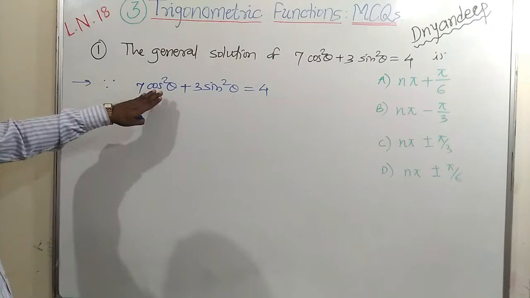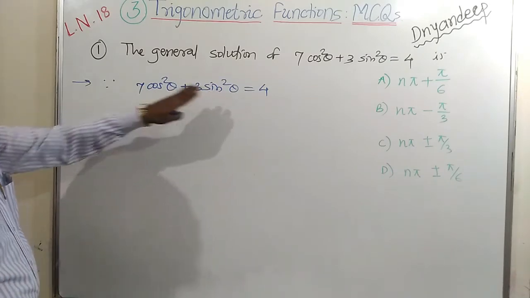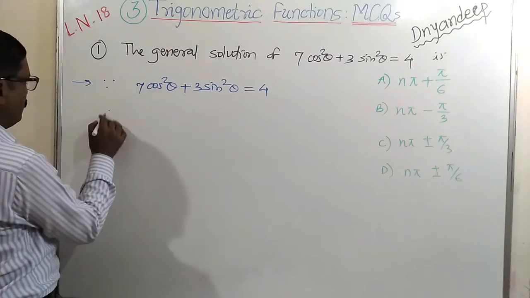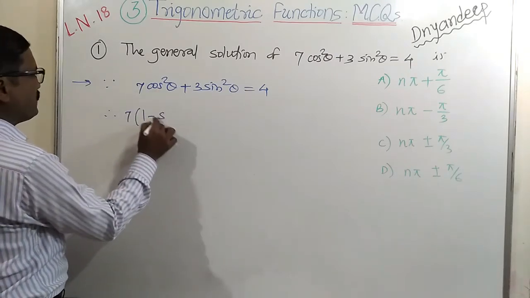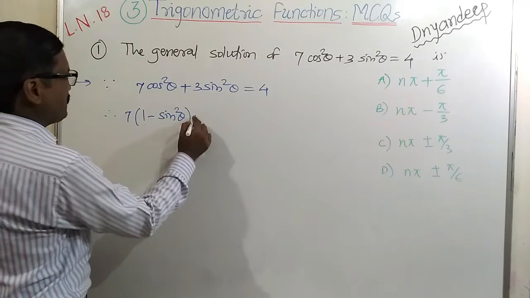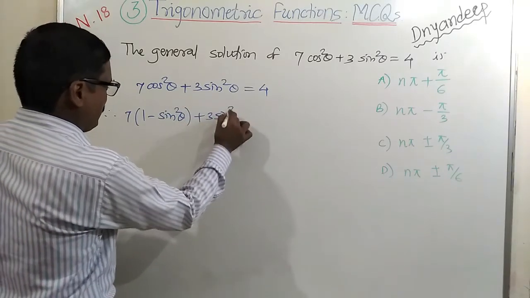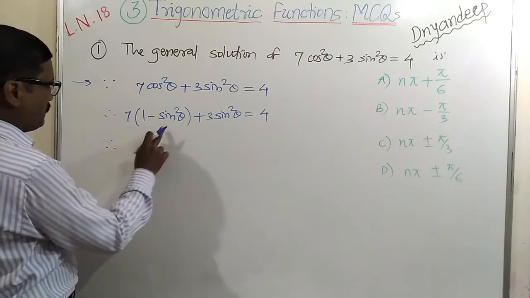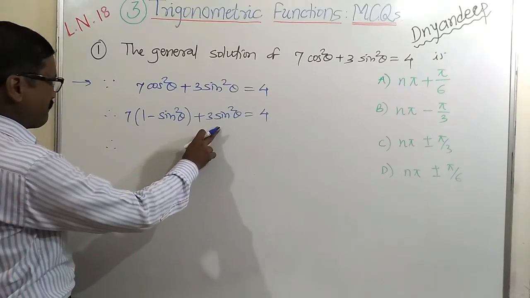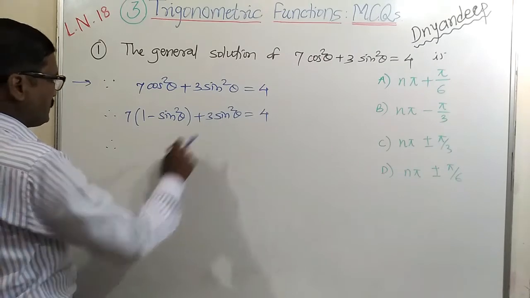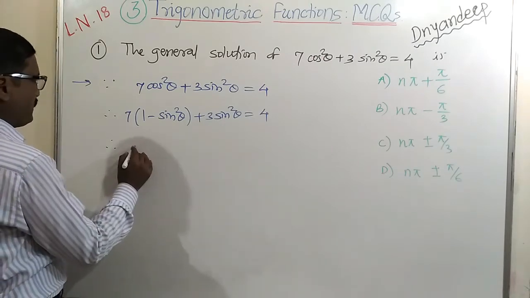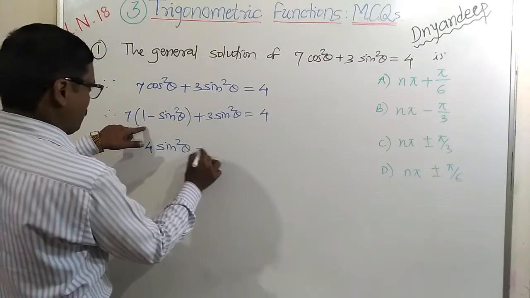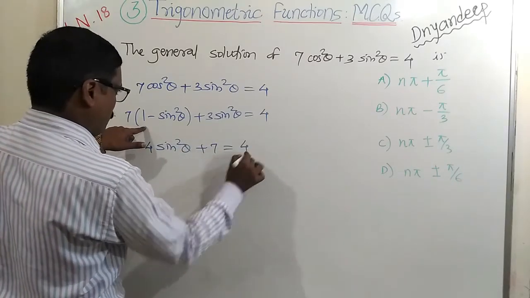In this example, we can convert this cos square into sin square or sin square into cos square. Let us put cos square is equal to 1 minus sin square. Therefore, 7 into 1 minus sin square theta plus 3 sin square theta is equal to 4. Therefore, this will be minus 7 sin square theta plus 3 sin square theta. That will be minus 4 sin square theta plus 7 equal to 4.